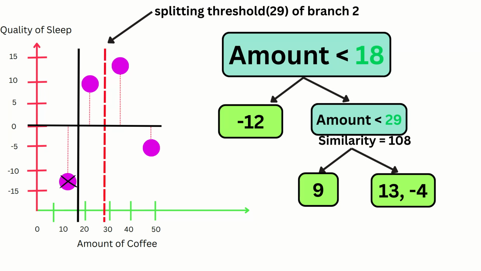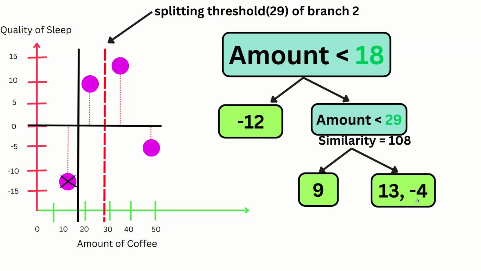Note that we have already split off the first observation in the first branch, so we are not considering it for the second branch. Here on the left leaf we have 9, because 9 is smaller than 29, and on the right side of the threshold value we have 13 and -4.